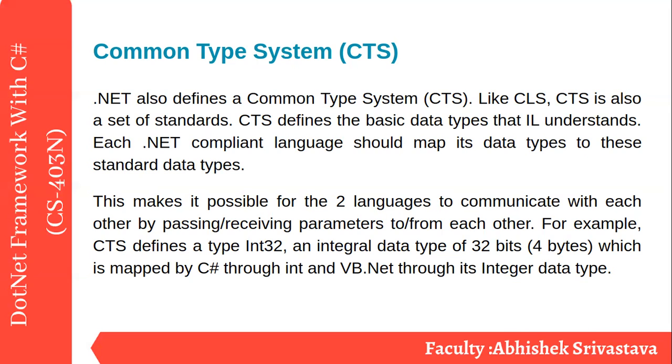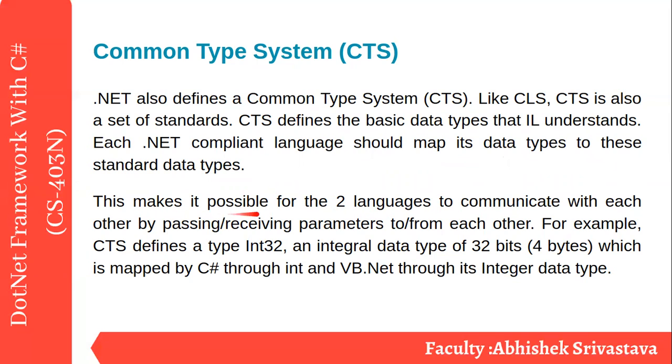Because if they are not generalized, we cannot produce MSIL or native code. Each .NET compiler language should map its data types to these standard data types, and this is done by the CLR, not the language.